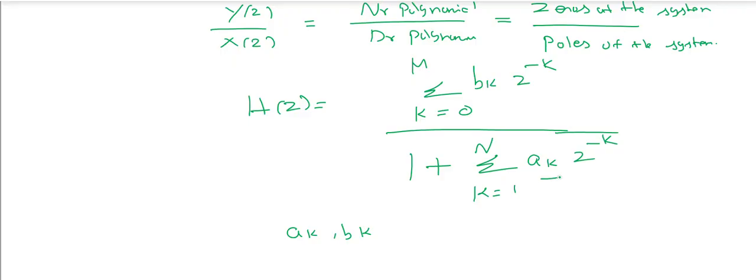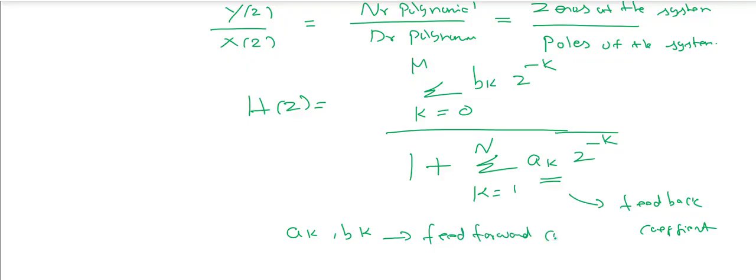So ak are the feedback coefficients and bk are the feed forward coefficients.